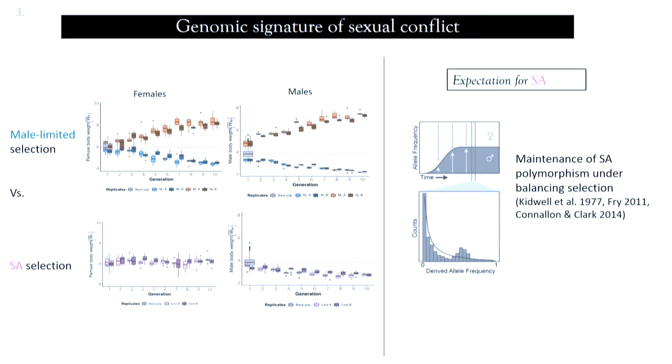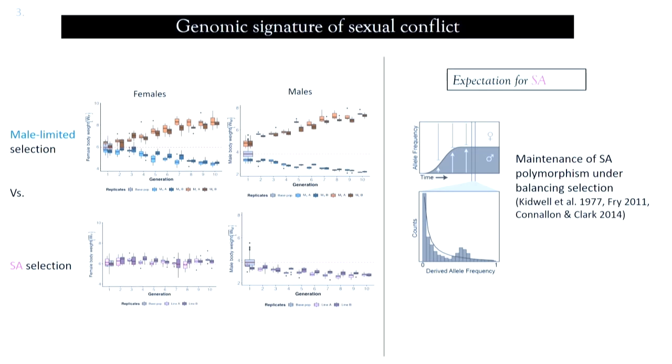And the prediction here is that sexually antagonistic variation is able to maintain genetic variance under balancing selection. And this is essentially a one-locus model. So we wanted to take a shot and see if our artificial sexually antagonistic selection would be able to also maintain the genetic variance in the body size genes.